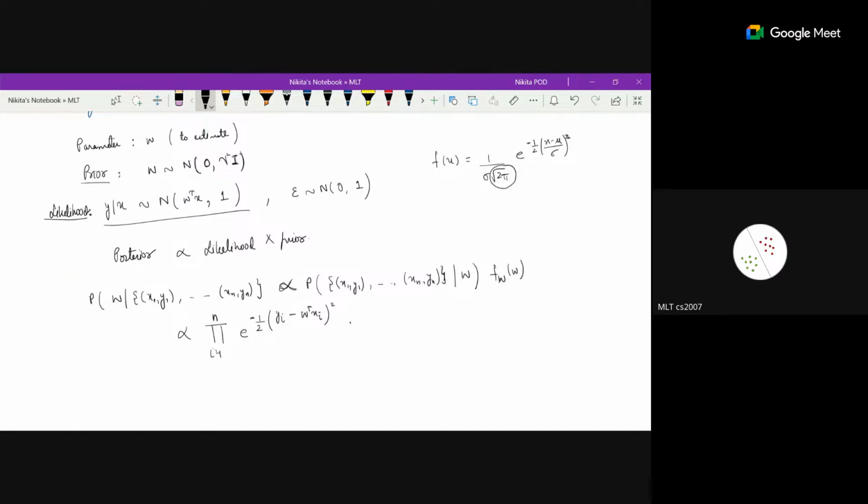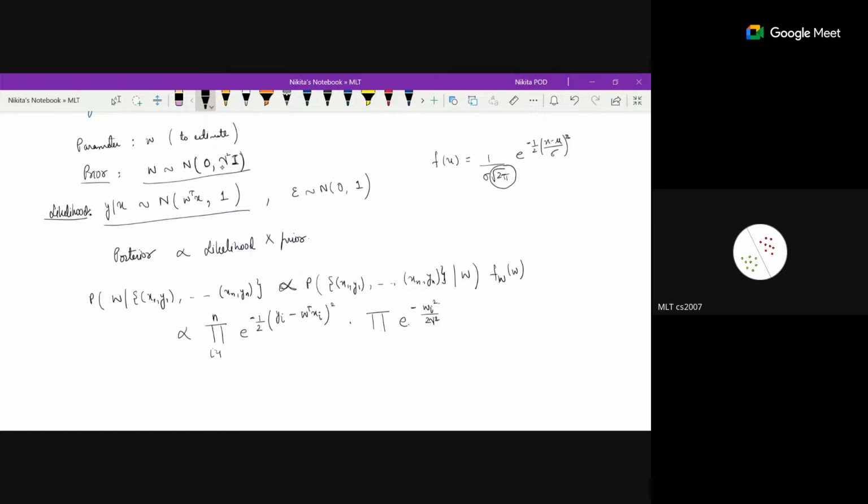Now what is f_W of W? It is again a normal distribution. So you have again e to the power, and we can just ignore the constant here again. It is e to the power minus, here we have wi minus 0, so we can ignore that, and 2 sigma square, right? So this is going to be minus wi square upon 2 gamma square.